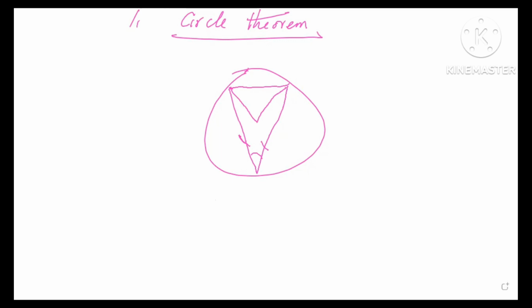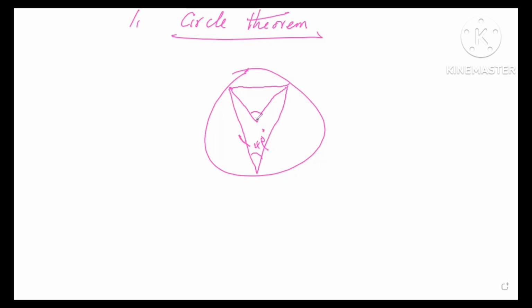Okay, sir, I'll be leaving you now. Okay, thank you. All right. So is that diagram visible? Yes. Okay. So this one here, the angle here, it is 40 degrees.